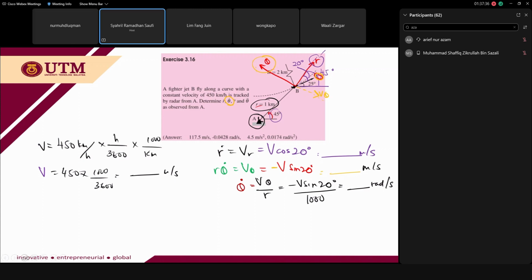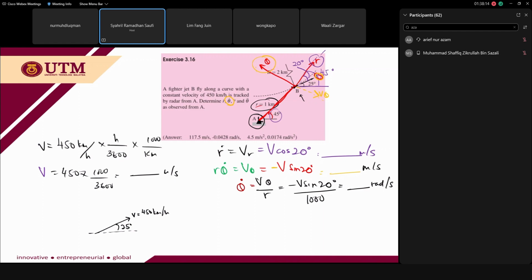You have a V like this, 450 kilometer per hour, with the angle here being 25 degree, at this point B. You know that R is the line from A to B, which is 45 degree.